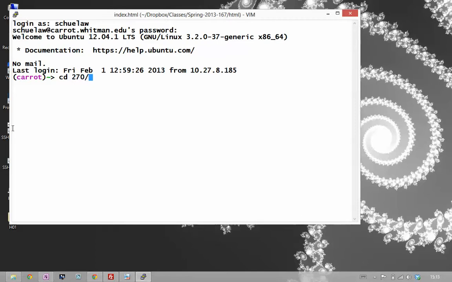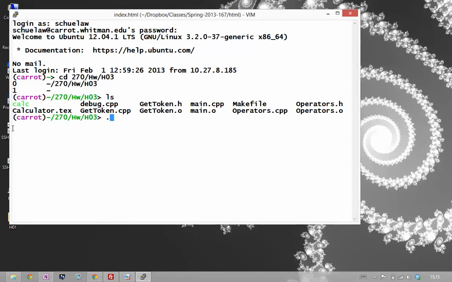Okay, 270, homework 3. So here's how mine works, say 2 plus 3 times 2, right? There we want to hold off on the addition and do the multiplication first, so we should get 8, right?